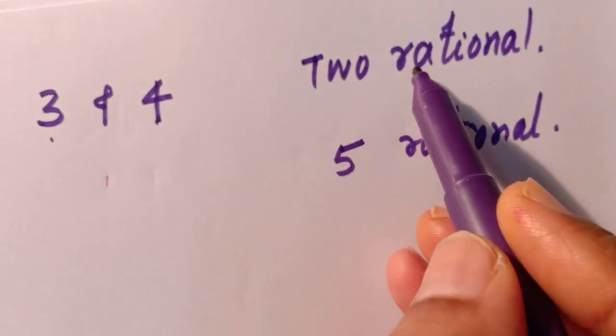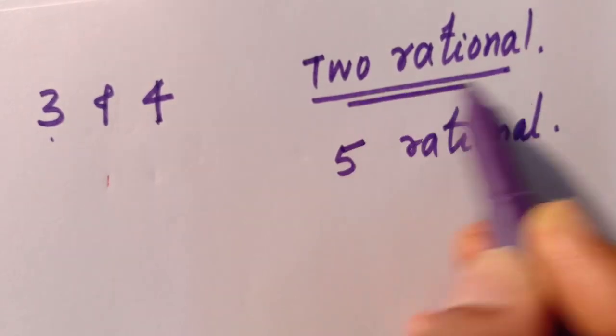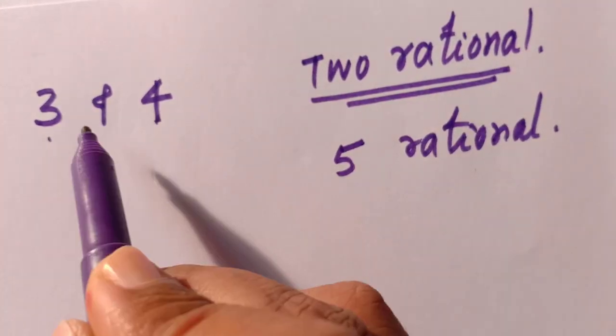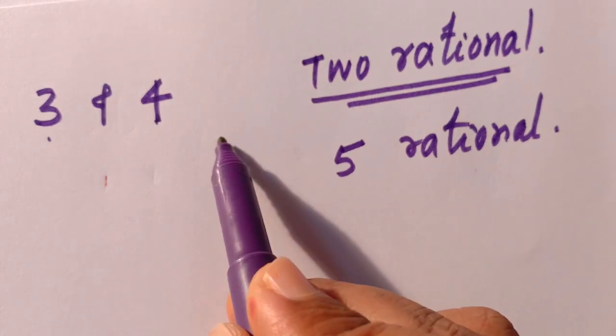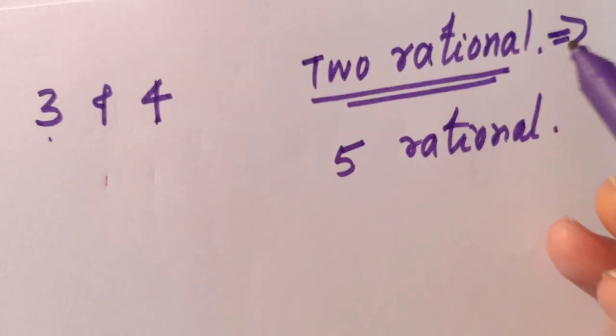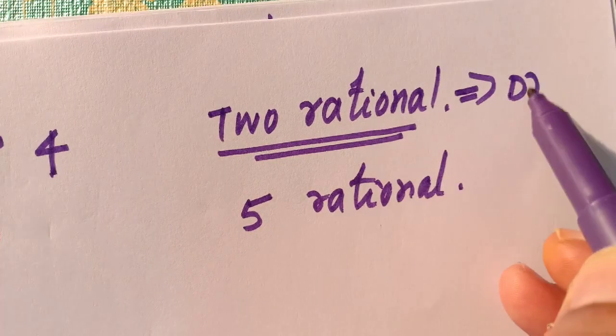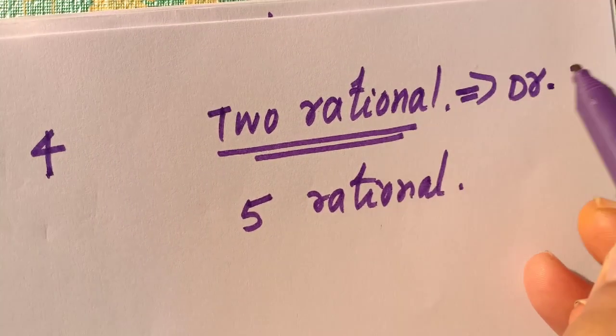Now let us see two rational numbers between 3 and 4. 2 plus 1 implies the denominator is 3.